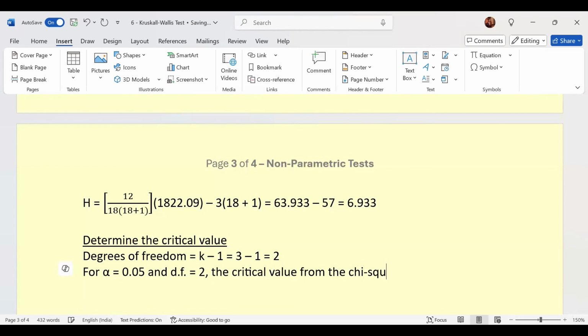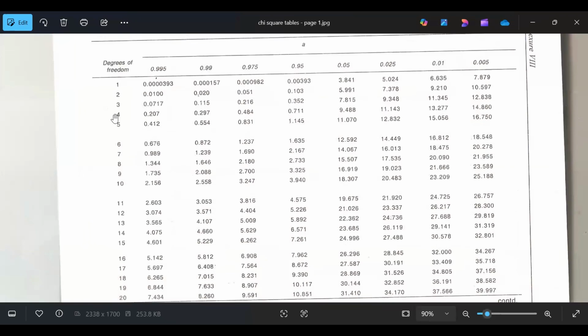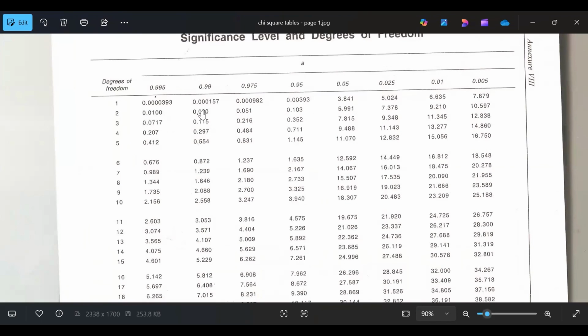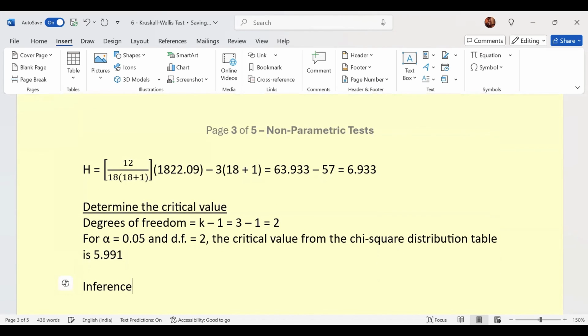This is following a chi-square distribution. So let us verify the chi-square distribution table. This is 2 degrees of freedom. So here it is 2 degrees, 0.05. We may notice it is 5.991. Now we can come to our inference, last step.